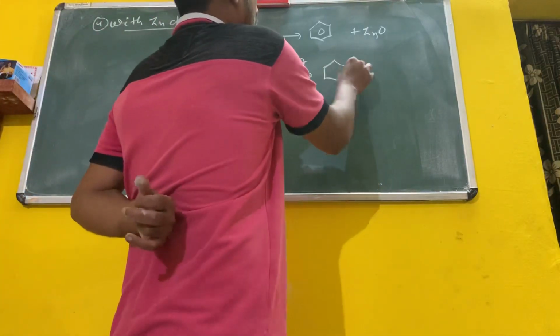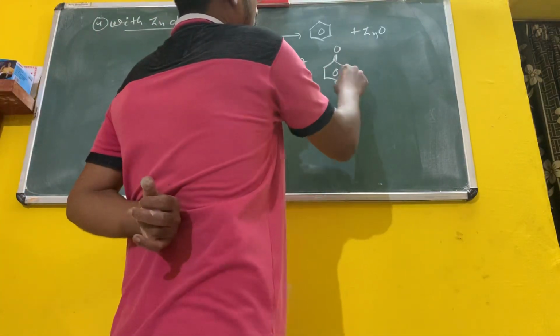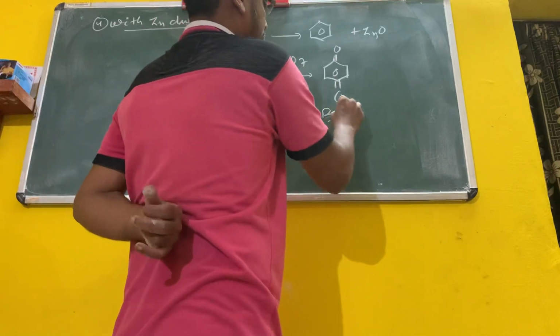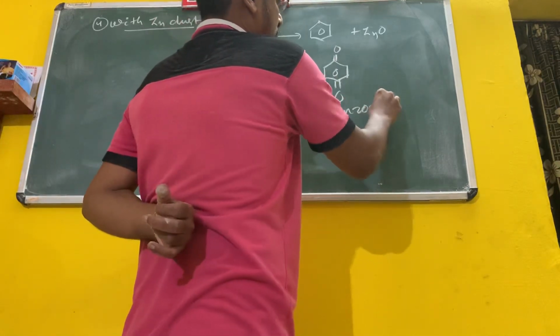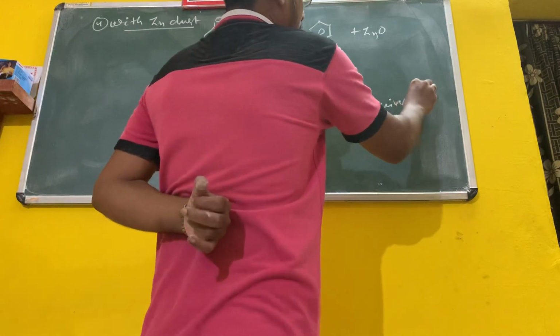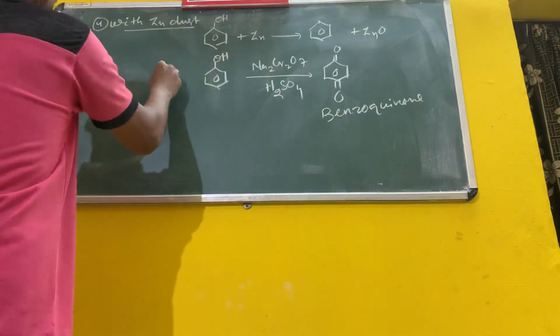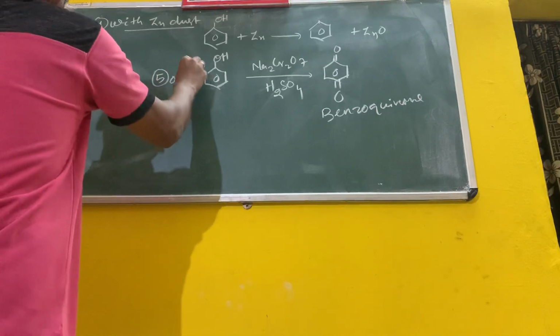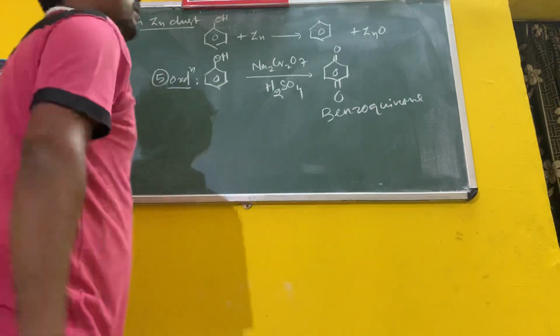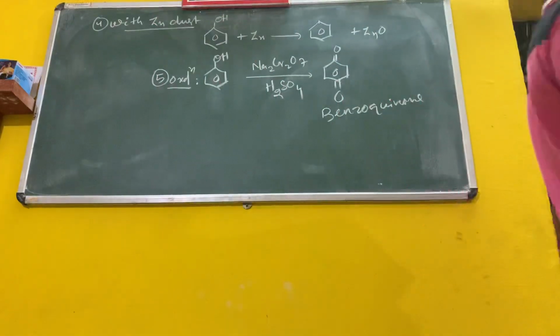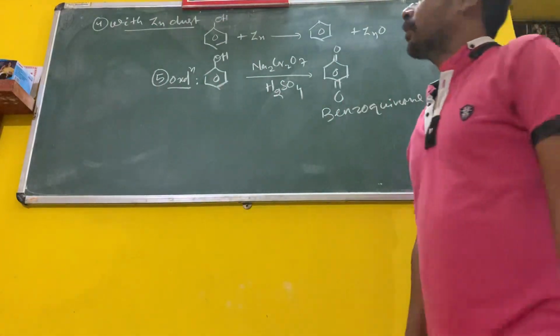The formula has a double bond O. Okay, this is the fifth, oxidation. So these are all the chemical properties of phenol.